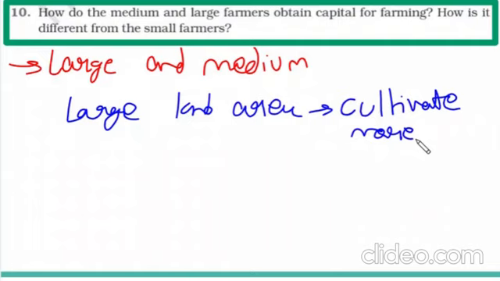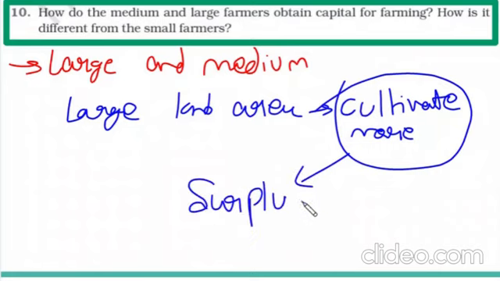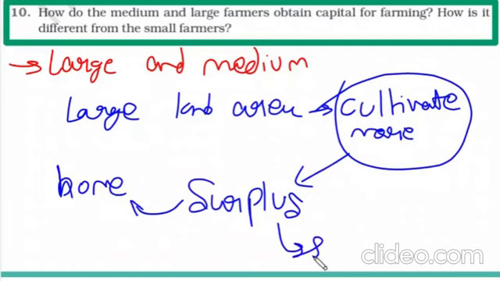When compared to small farmers, who have very small land, how will they cultivate more? Now the cultivation done on the large land is in surplus, more than required, correct? So what do they do? They keep what is required for their home, and the remaining they go and sell.